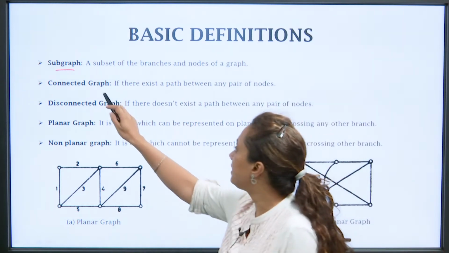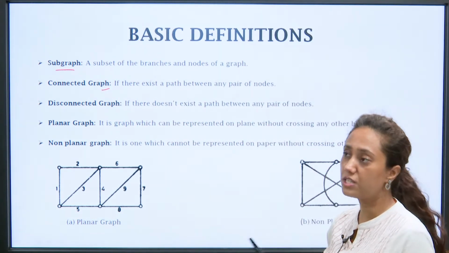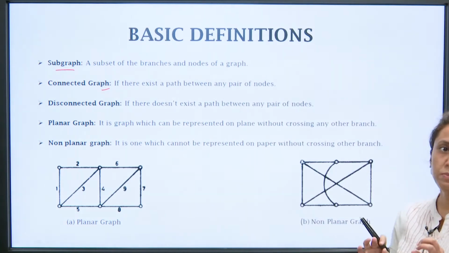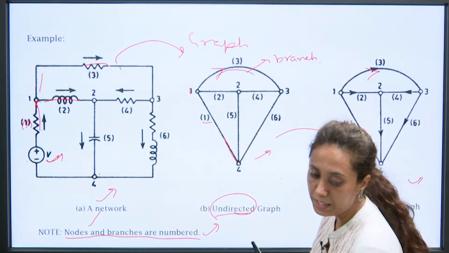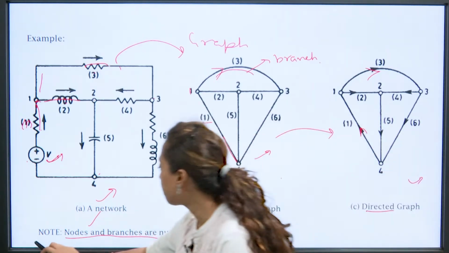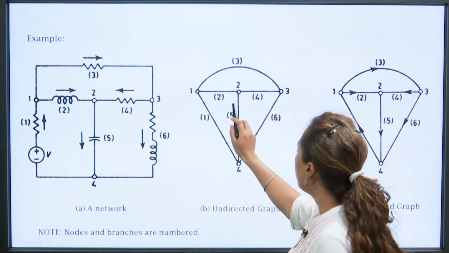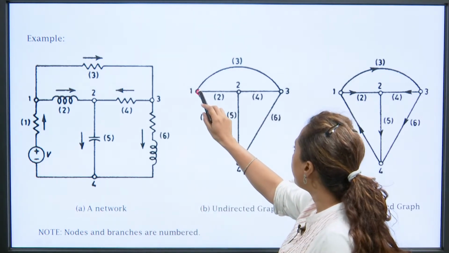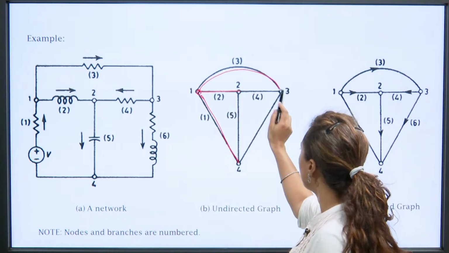Now what is a connected graph? If there exists a path between any pair of nodes, it means all the nodes should be connected with some branches. For example, if we go to the previous slide, this node is connected with this and this one also, right.